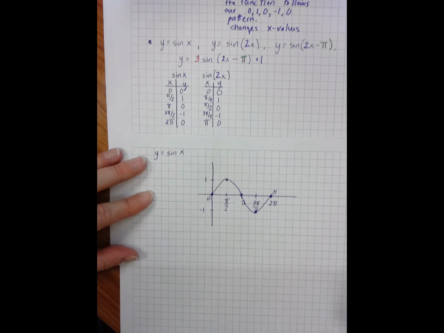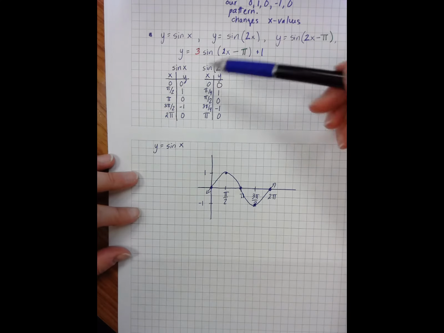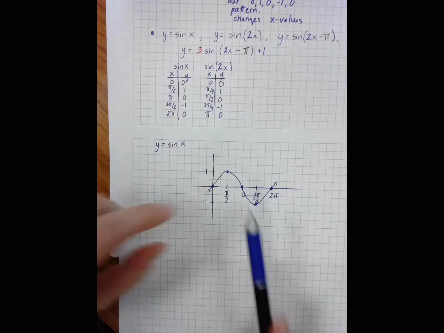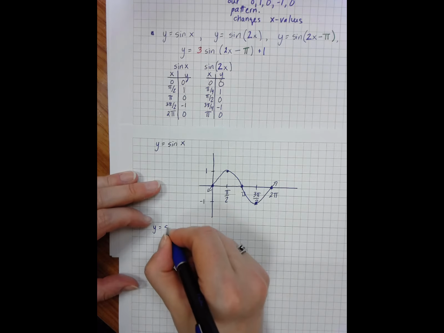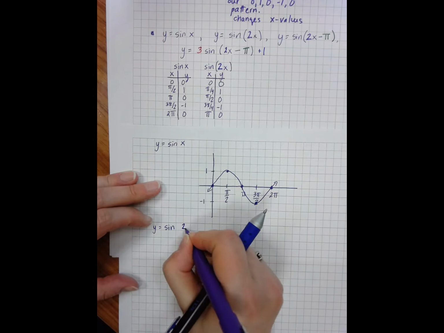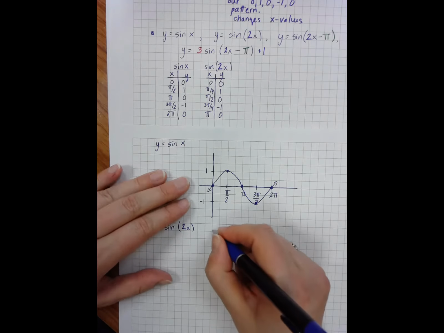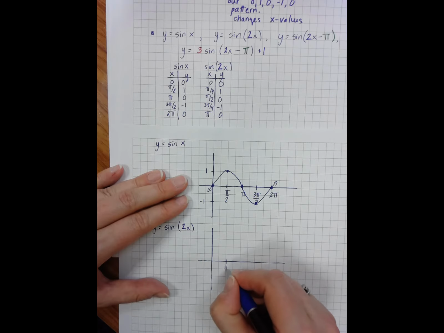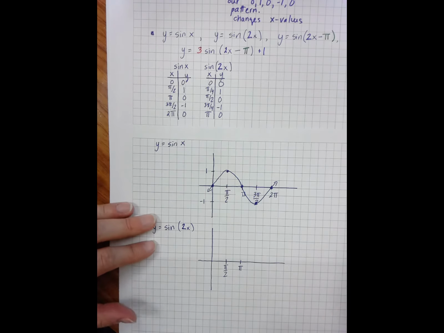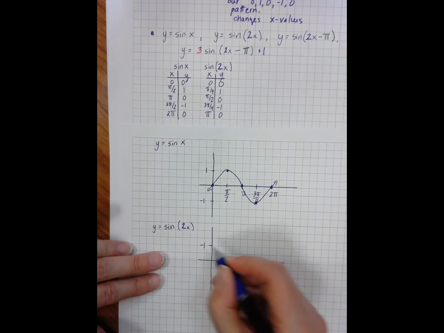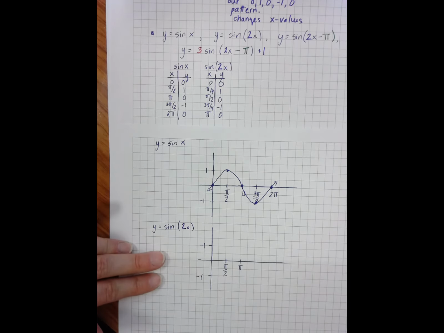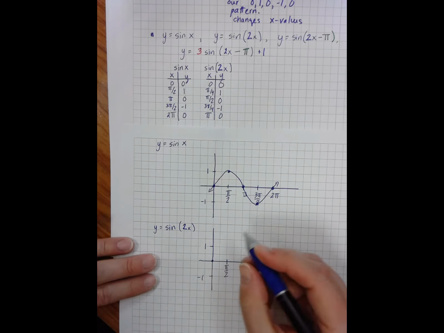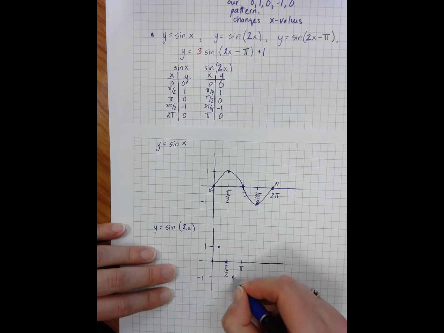However, when I add the 2 in front, we can see that actually I'm going to be smushed into this interval. So for my y equals sine 2x, as long as I'm using the same scale, which is kind of nice to use, because then I can really see the smushing that's happening, my pattern is going to be 0, 1, 0, negative 1, 0.